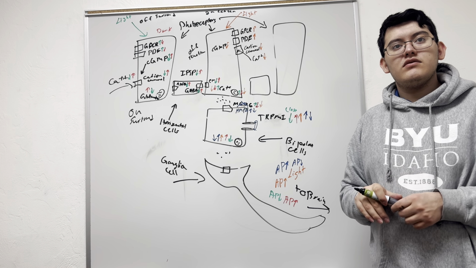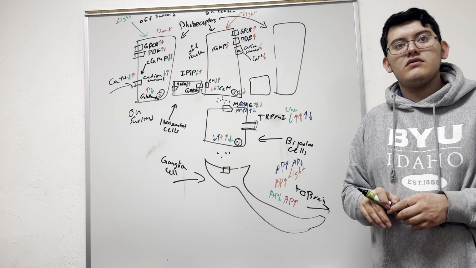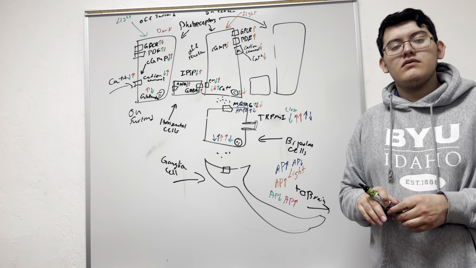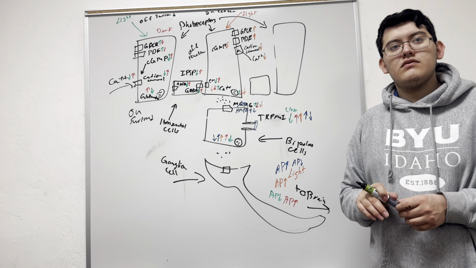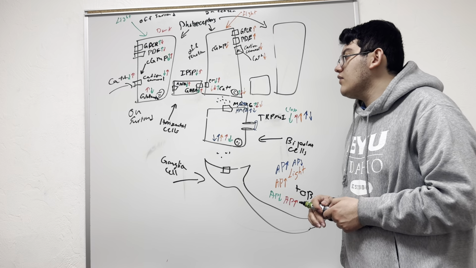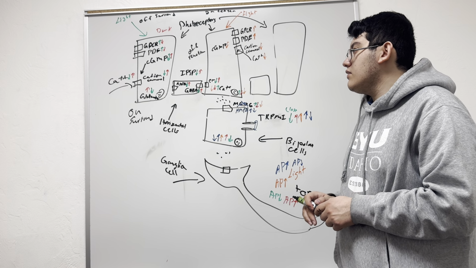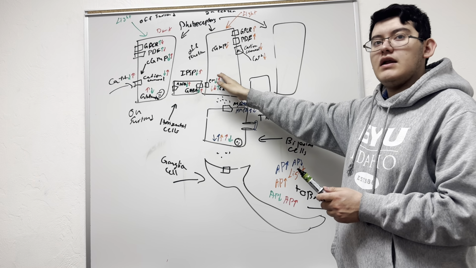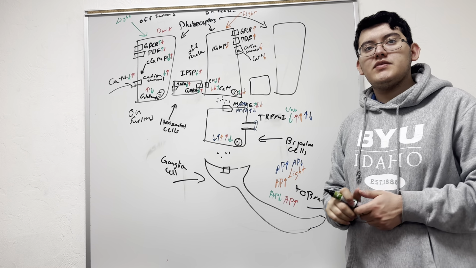If there's darkness, no light, on the off center, would there be action potential? If we're off center and it has no light, there will be action potential.